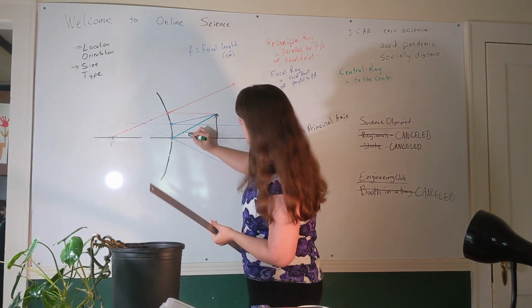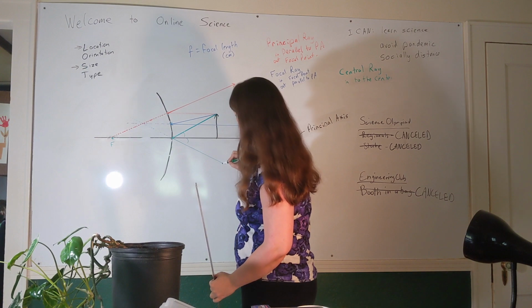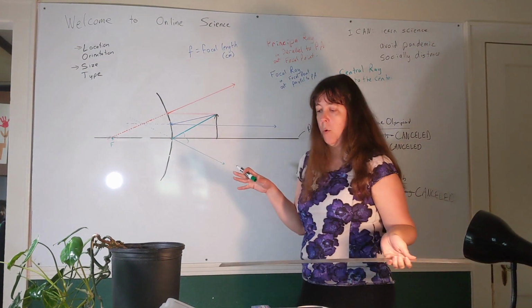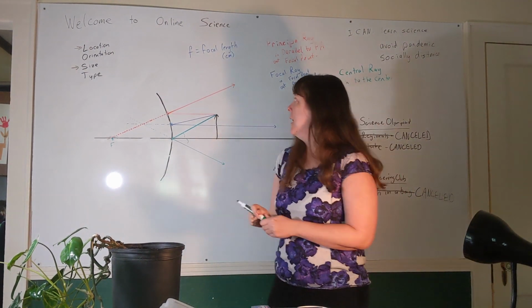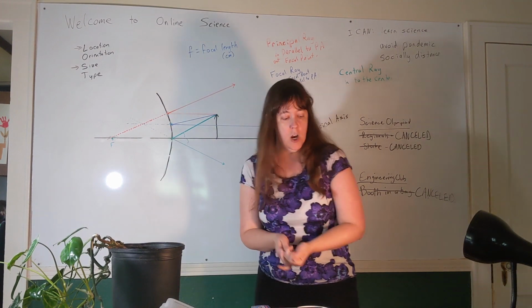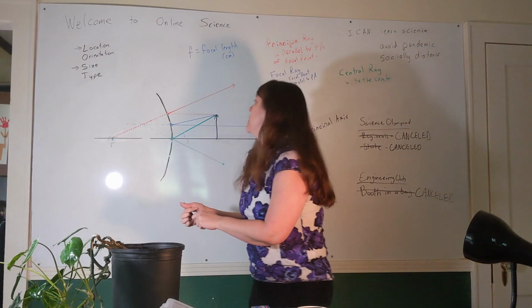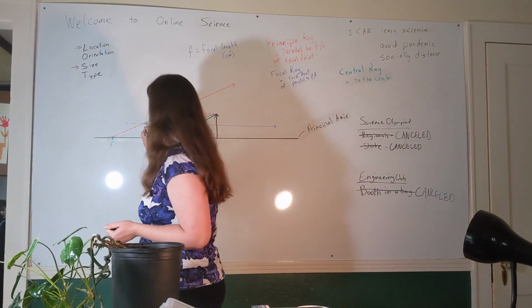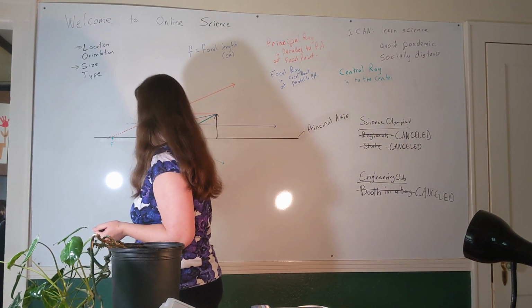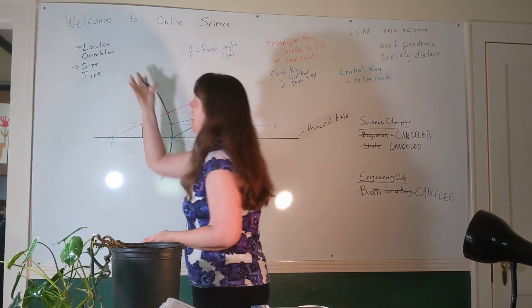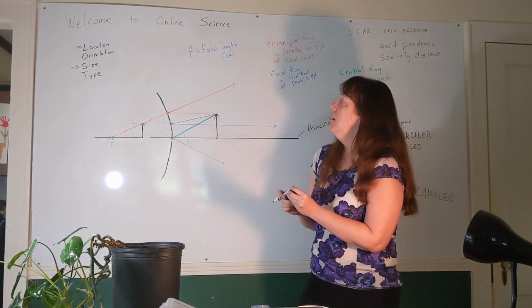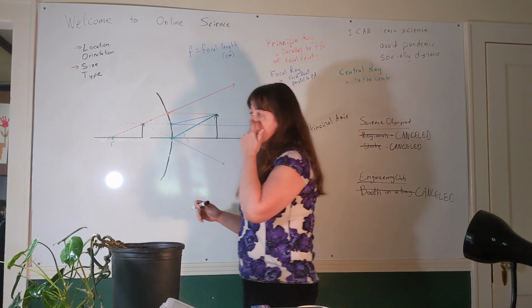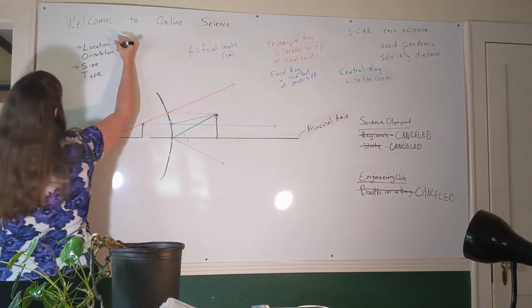And do those two angles appear to be basically the same? They do. So we feel good about the point we've chosen for our image. Now, to draw the image, we just draw an arrow. The light rays that we draw technically just find the top of the image, so we just draw a line from where they cross to the principal axis. And now we can do our last question. What is the location of this image? The location of this image is behind the mirror.